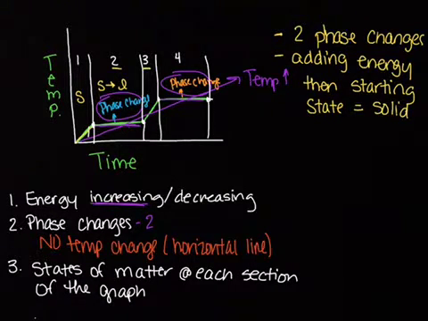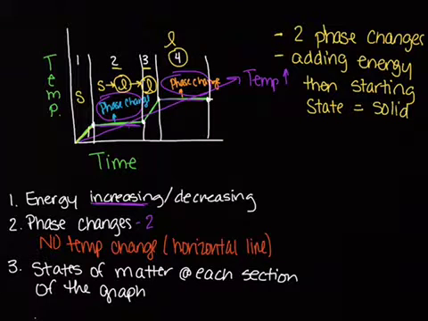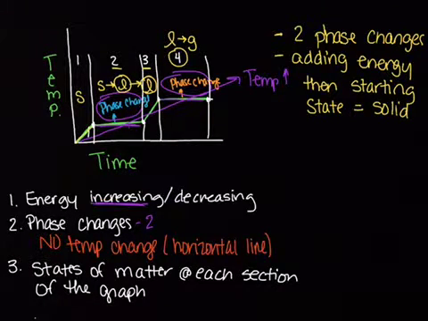So then in section 3, we are left with the end product of the second section, so a liquid. And then lastly, in our 4th stage, we have to start with what we have in stage 3. And so we start with our liquid, and our liquid is going through a phase change. And so the only one that makes sense for adding energy is turning that liquid into a gas.